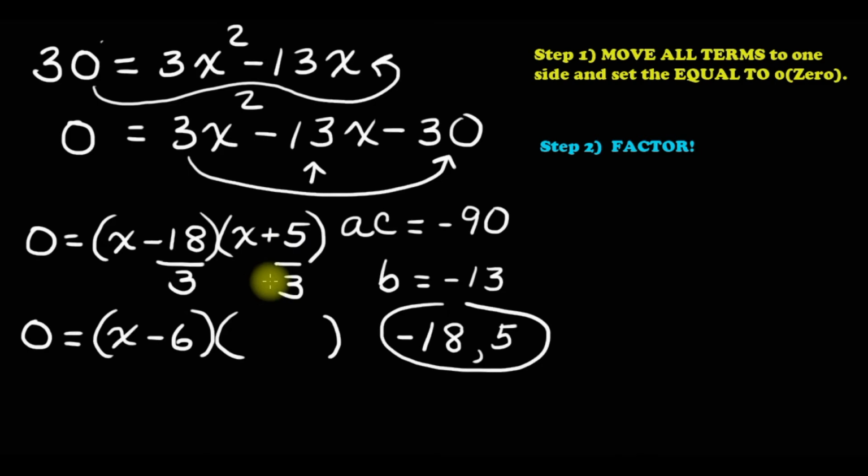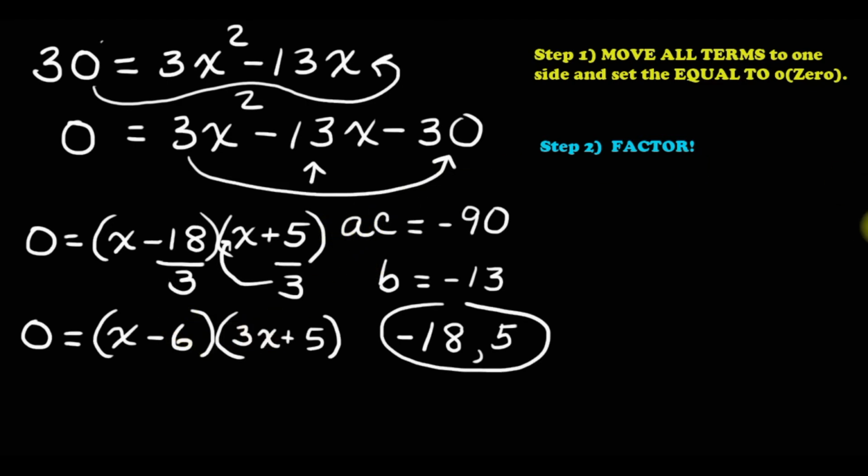So the 3 is going to come to the front, and it's going to be the coefficient for x. So the factors are 3x plus 5. These are the two factors of 3x squared minus 13x minus 30. So that's step 2.